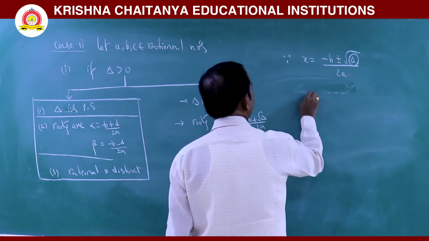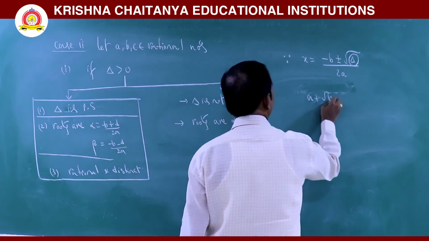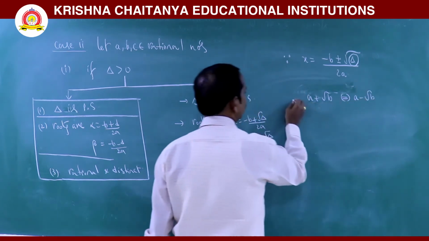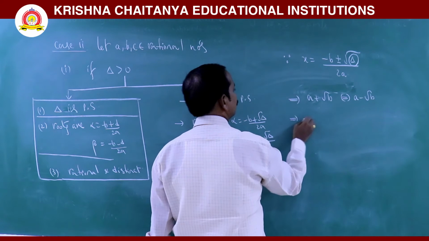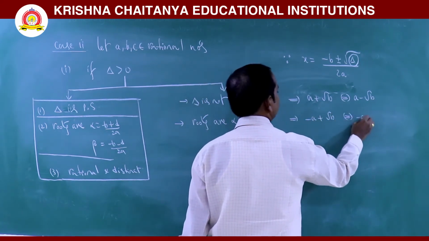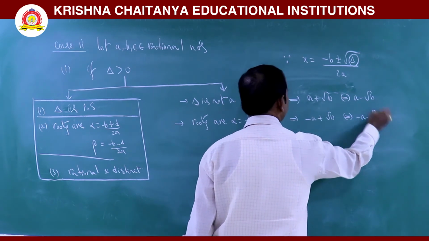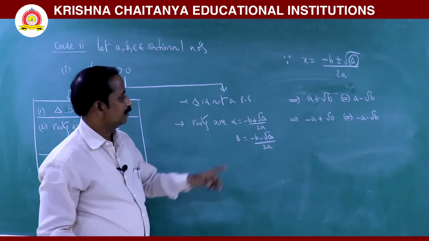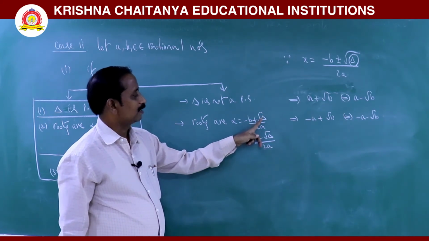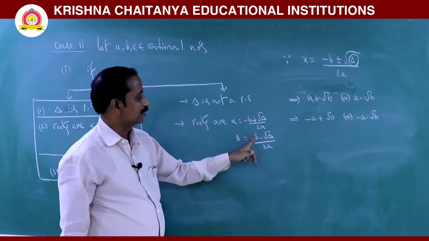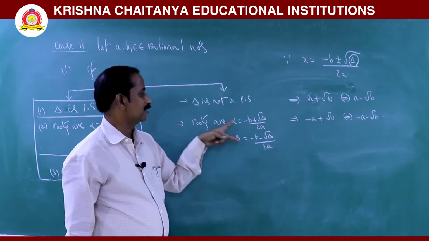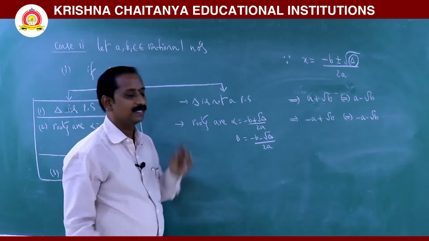For example, a plus root b has conjugate a minus root b, and vice versa. Next, minus a plus root b has conjugate minus a minus root b. In the same manner, minus b by 2a plus root delta by 2a has conjugate minus b by 2a minus root delta by 2a. Indirectly they are conjugate to each other.